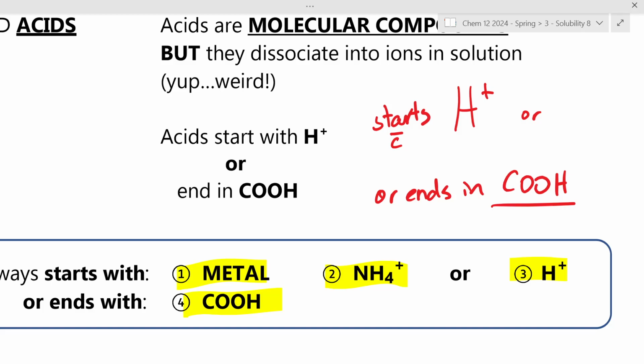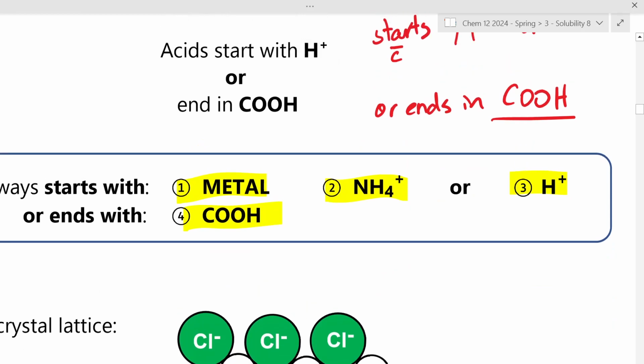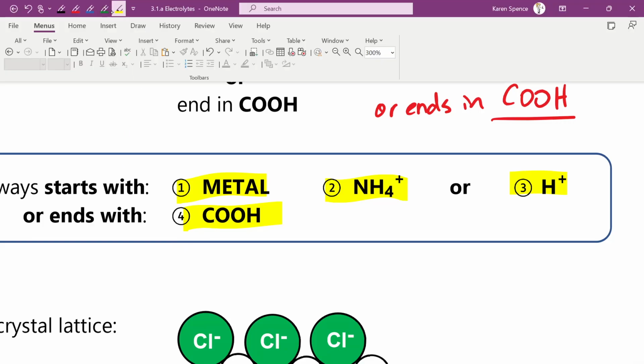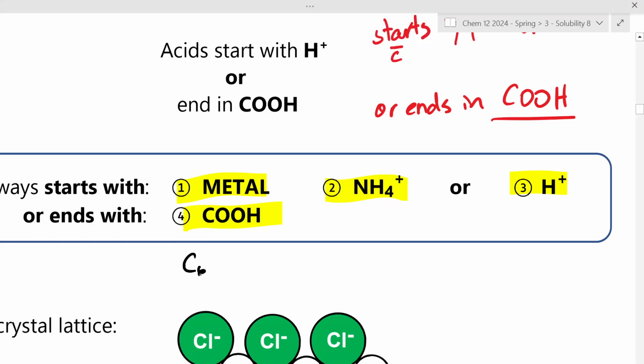No. How about this one? I'm just going to write these down because there are people who are away and will need to see this. So the compounds that we were looking at were C6H12O6 and CH3OH.